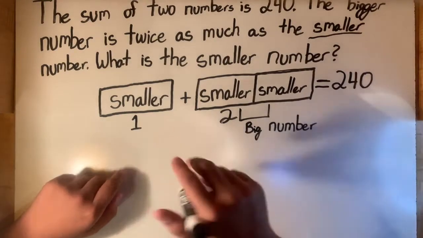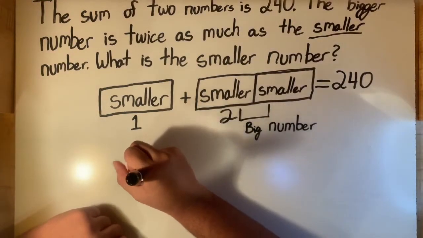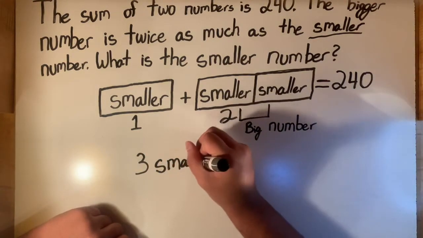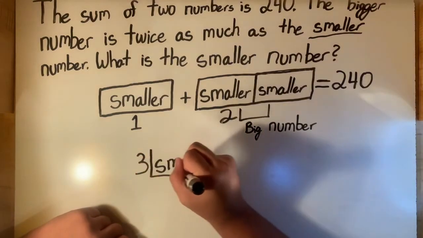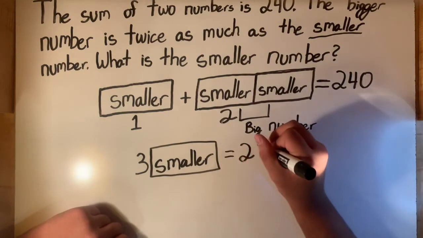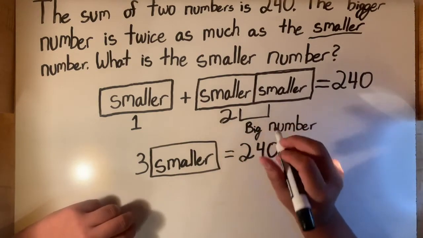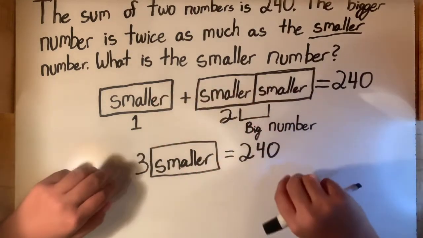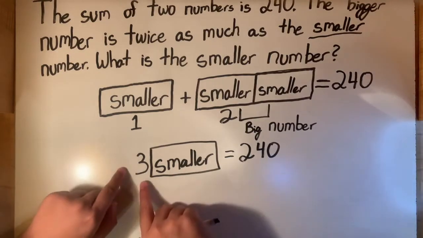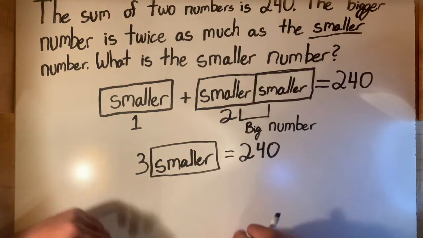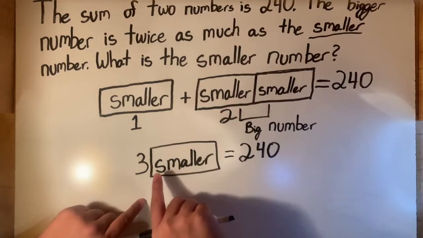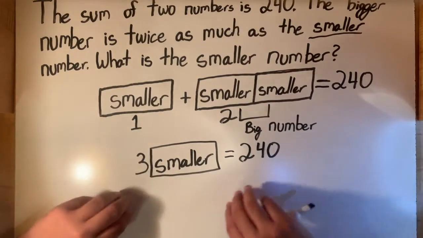So we can combine this and make 3 smaller numbers, which is equal to 240. We're putting the 3 here to multiply, to show that there are 3 of these, so we're multiplying the smaller number by 3.